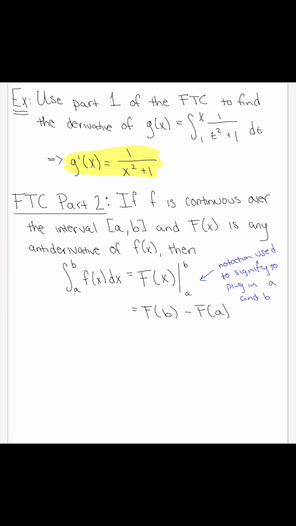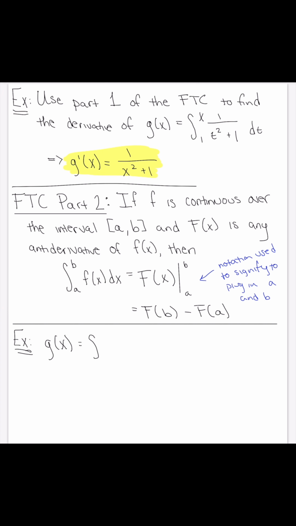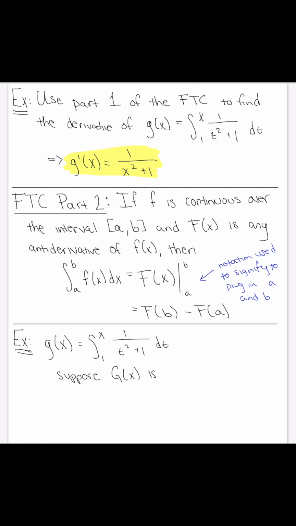Back to the example that we did before, this allows me to explain it just a little bit more. If I continue with this and I have g of x equals the integral from 1 to x of 1 over t squared plus 1 dt, and then suppose that capital G of x is the antiderivative of the integrand, which is 1 over t squared plus 1.